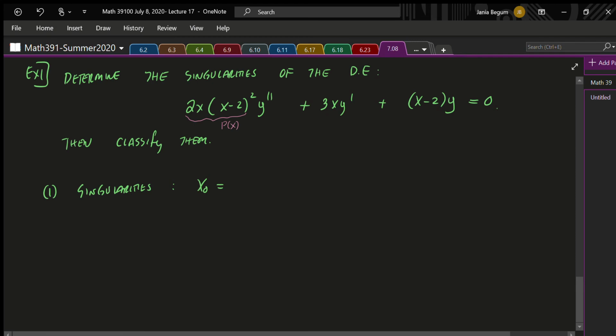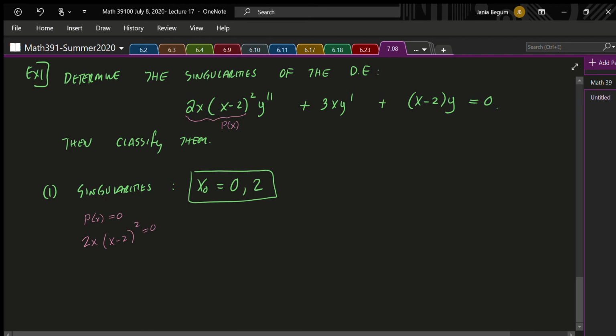We want to know when is p of x equal to 0. So p of x is 0 when 2x times x minus 2 squared is equal to 0. We know when x equals 0, that's when it is 0. And we also know it is 0 when x is equal to 2. So we have a total of 2 singularities. So we were able to determine them.